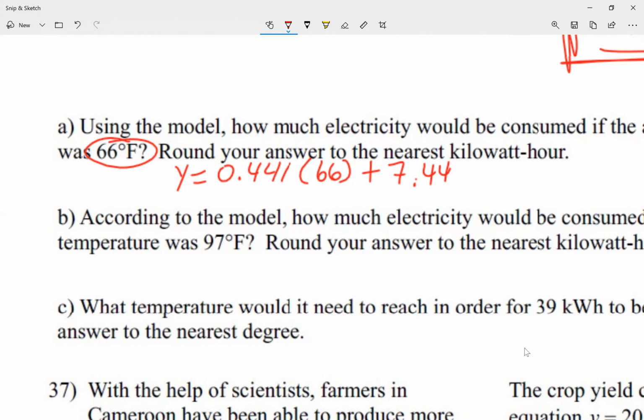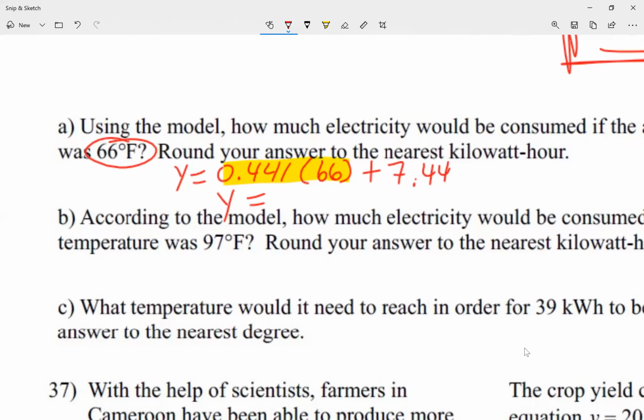I know I have to do multiplication first, right? I'm looking at this multiplication, 0.441 times 66. I use my calculator that says 29.106. So I do the multiplication plus 7.44. I get that y is equal to 36.5.